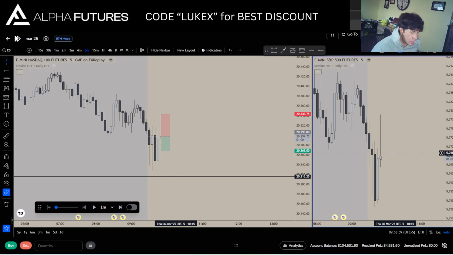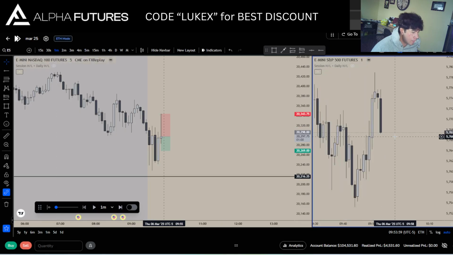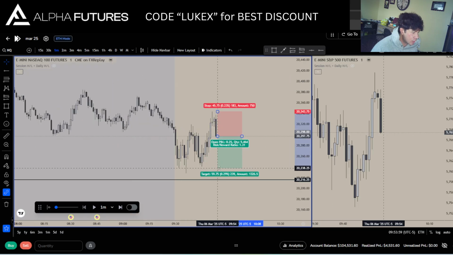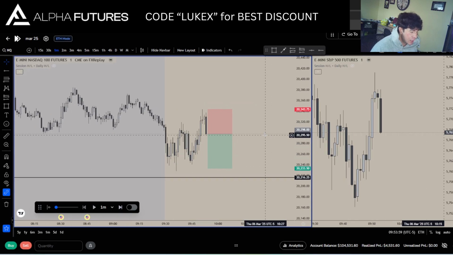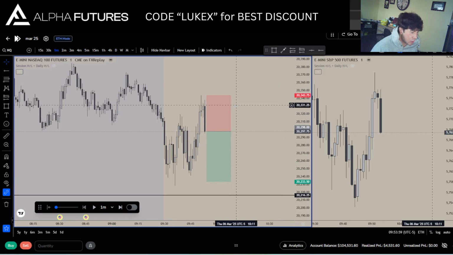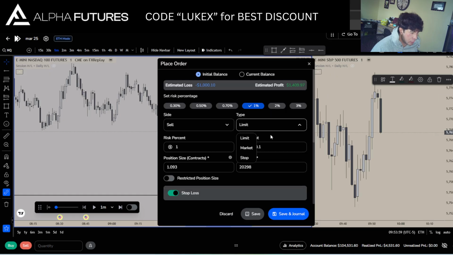Let's look at ES. ES inversed as well. I kind of like this. But I'm only going to target right here. I'm going to target these lows just in case we want to edge. Yeah, this looks good. I'd honestly be fine with taking a loss if this were to lose.